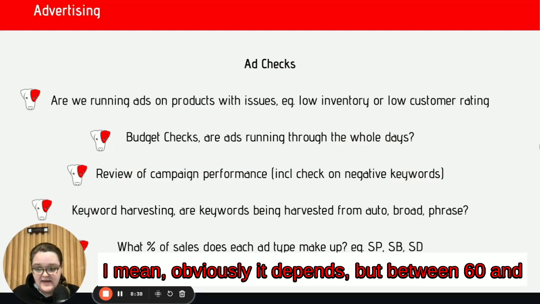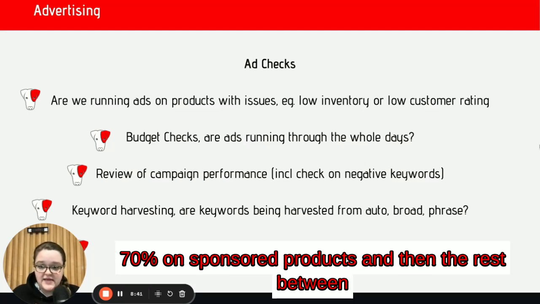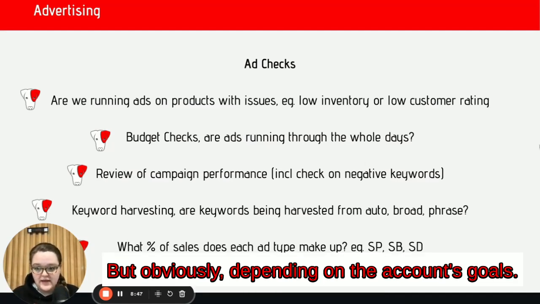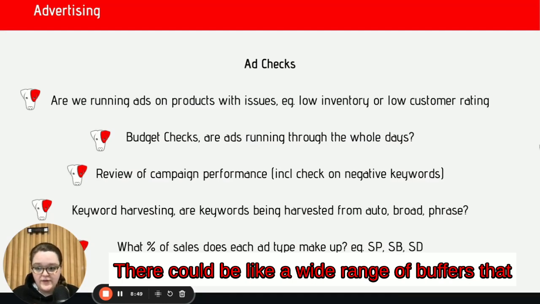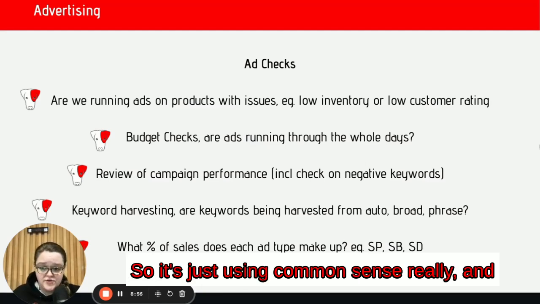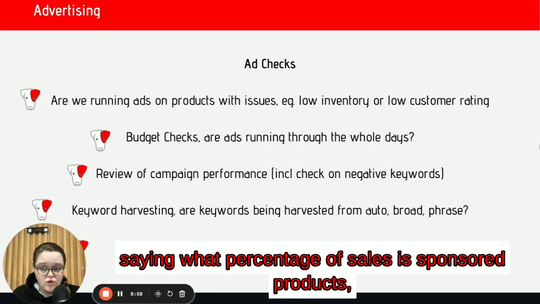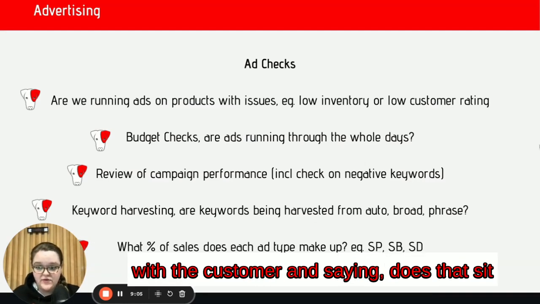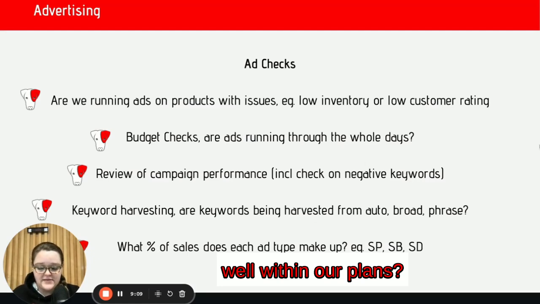Obviously it depends, but between 60 and 70% on sponsored products, and then the rest between sponsored brands and sponsored display is somewhat typical. But depending on the account's goals, there could be a wide range of buffers that you want for each ad type. So it's just using common sense and asking what percentage of sales is sponsored products, sponsored brands, sponsored display, then having a discussion with the customer and asking, does that sit well within our plans?